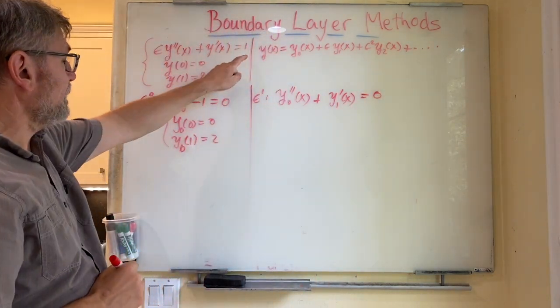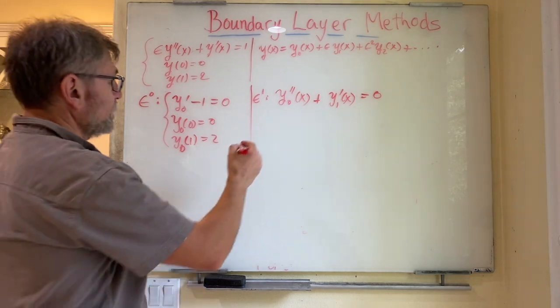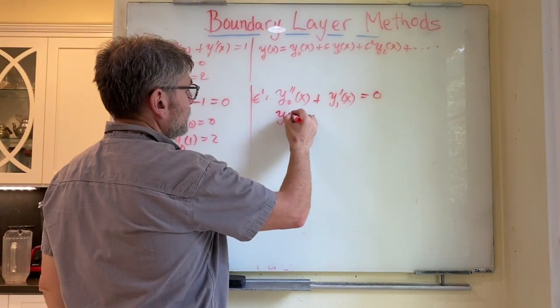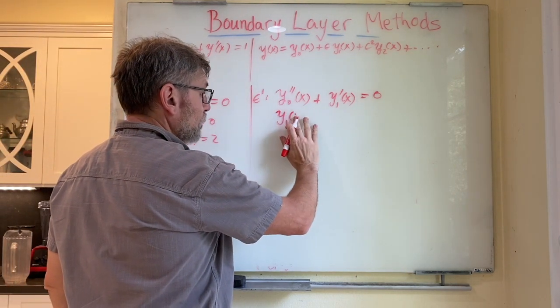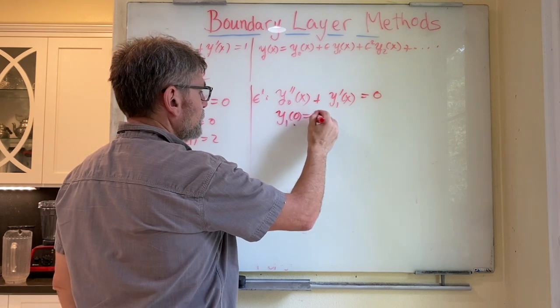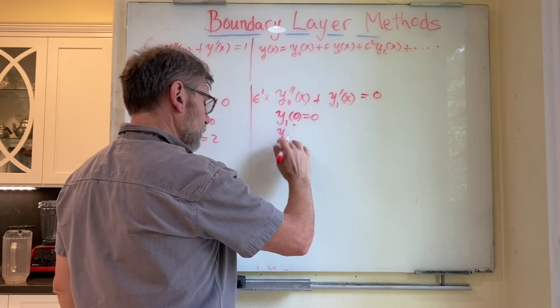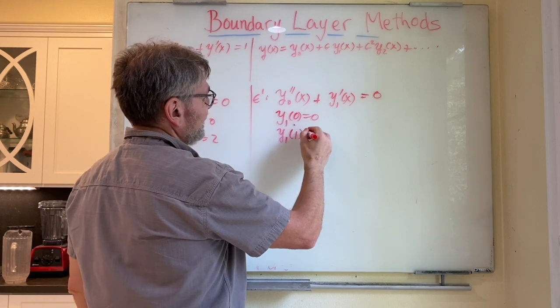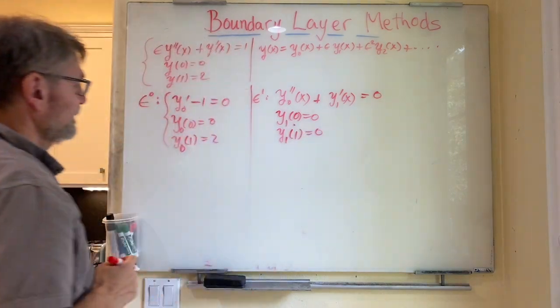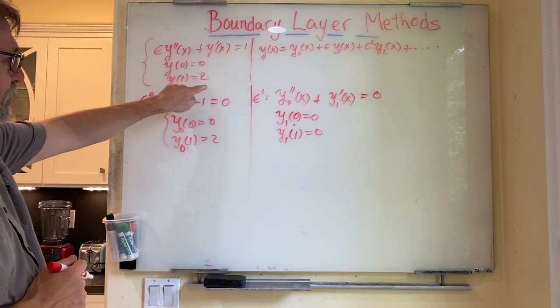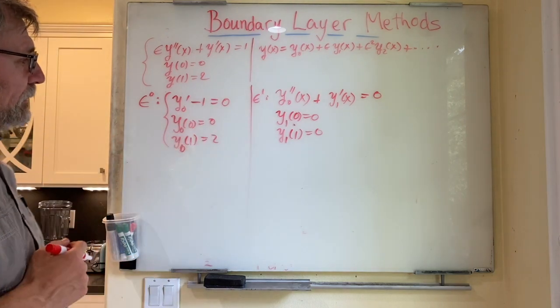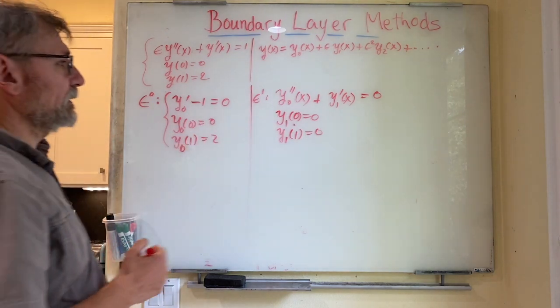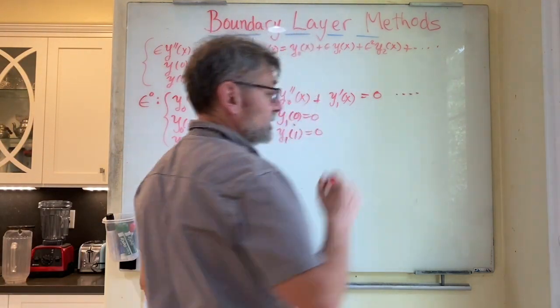And this one doesn't have anything involving epsilon. And then the boundary conditions, which are y1 of 0 equals 0, and y1 of 1 equals 0. Right, so this one satisfied the 2, and then next order, the boundary conditions are homogeneous. And we can keep going in principle.